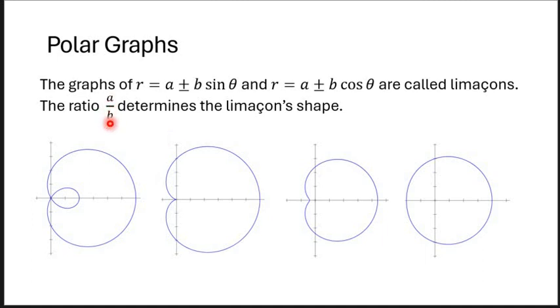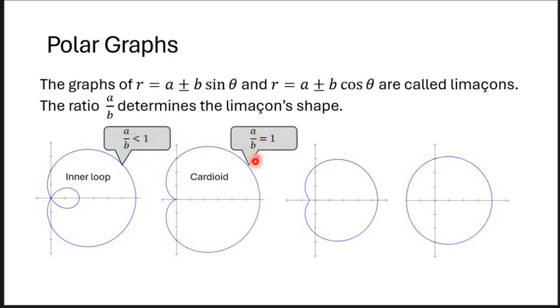So if a over b is less than 1, we have a limaçon with an inner loop like this. Or you can say the absolute value of a is less than the absolute value of b. So a is the smaller number. In the case where a and b are the same number, or opposites of each other, then we get this shape called a cardioid. So the cardioid is when a and b have the same absolute value.